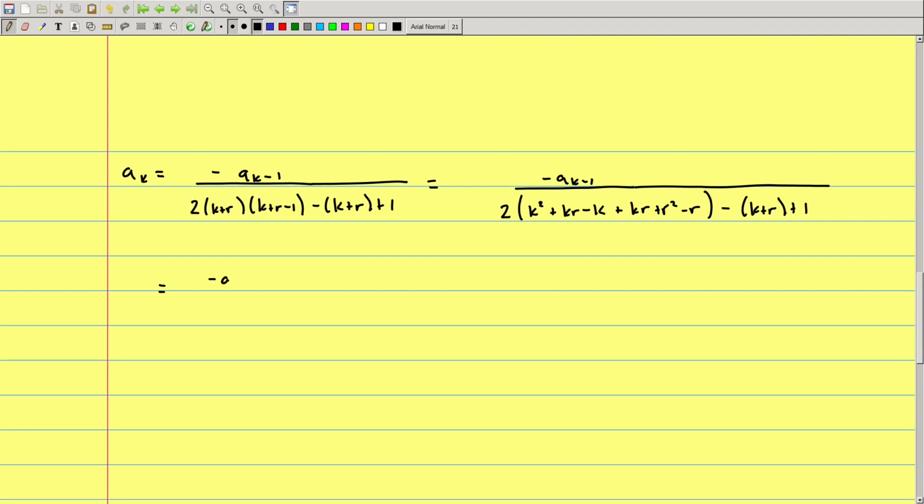Keep going here. We're going to have 2, and then k squared plus r squared plus 2kr minus k minus r, minus k plus r plus 1.